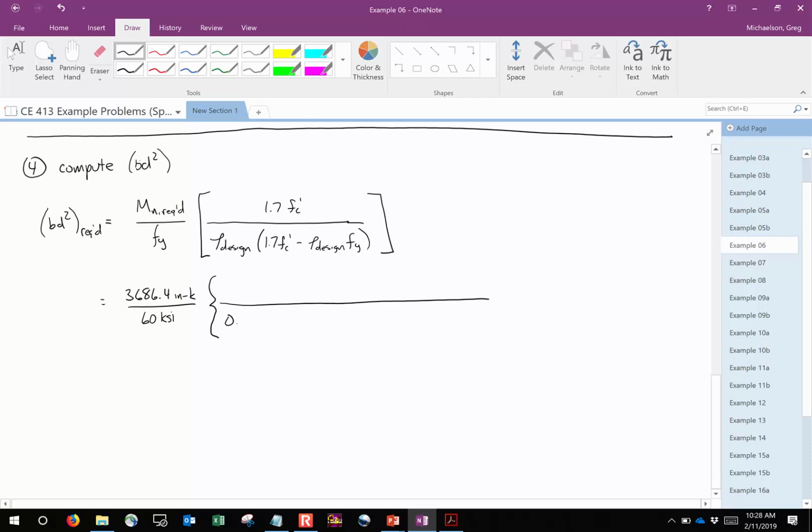On the bottom, we have 0.012, and then 1.7 times 4 ksi minus 0.012 times 60 ksi. So I can cut that off a bit. And then this is 1.7 times 4 ksi.